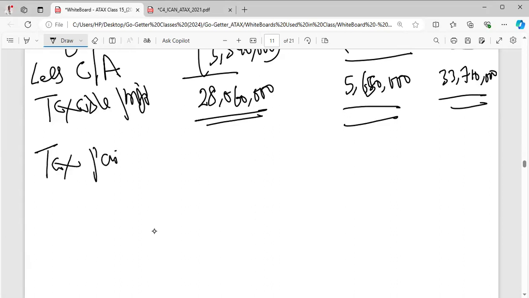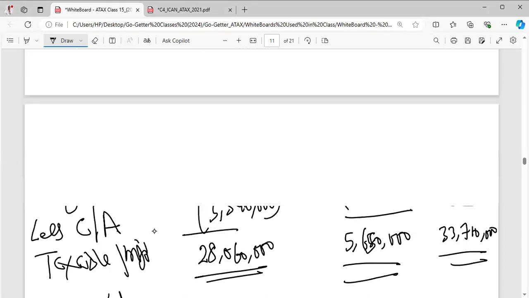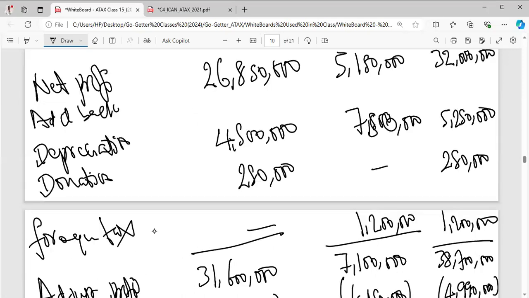So, tax paid. Nigeria will find Nigerian tax, but the foreign tax paid is 1,200,000.